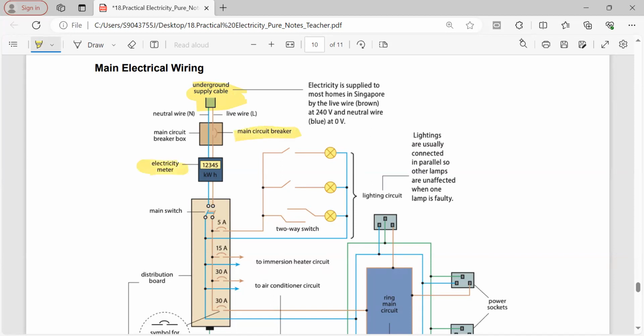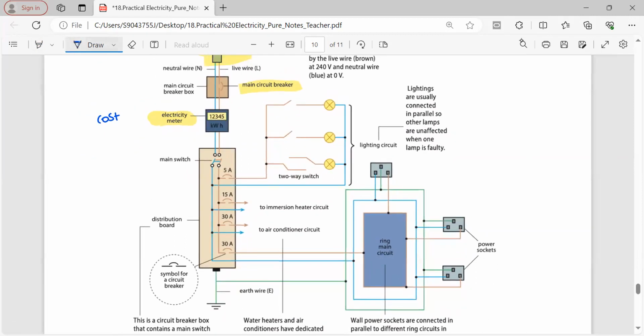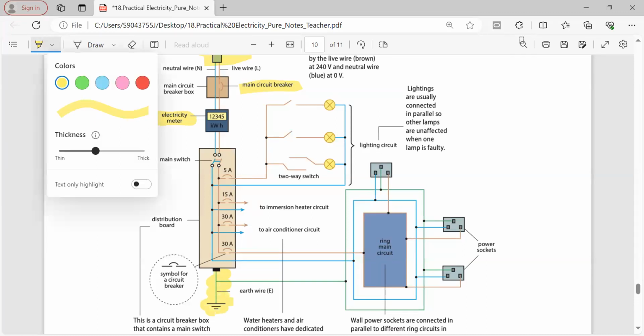Then here is your electrical meter, where they will actually measure the amount of electricity you use, so they can charge you, and this way you get the cost of electricity. Okay, then it's connected to the different appliances that you use in your house. Once again, take note that there's an earthing connected to the circuitry. Okay, that's all for today.